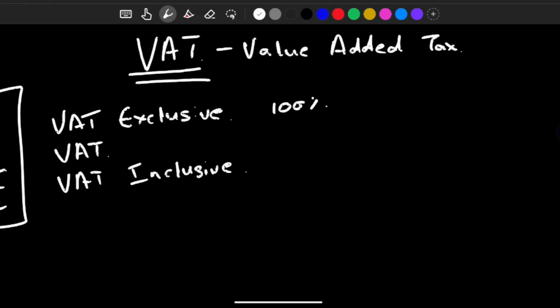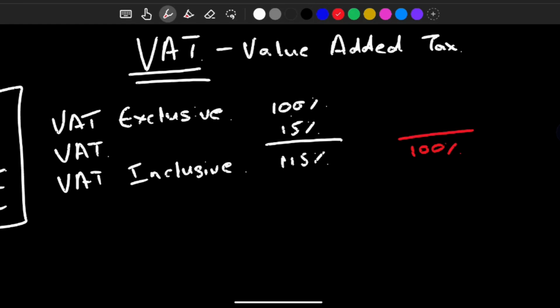It is your baseline, right? Your VAT will then be 15%. Then your VAT inclusive amount is going to be 100% plus 15, which is 115%.